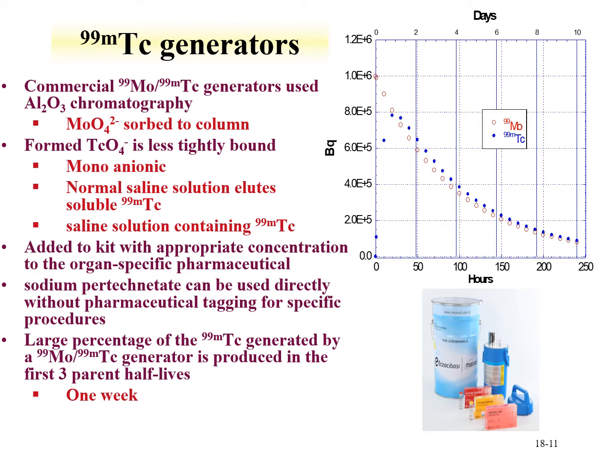So these generator systems, which are used to produce technetium-99m, are commercially available, and they're fundamentally aluminum. The whole process runs on aluminum chromatography, where after the separation, the molybdenum in the form of molybdate is sorbed to the column.